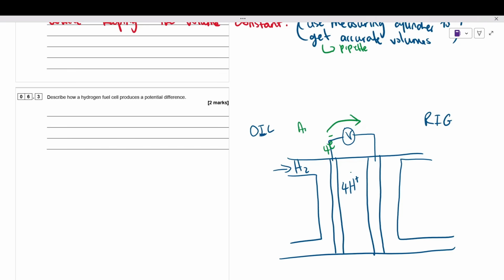So this is your anode, to your cathode, where you will have your oxygen, O2, being pumped in from the air, and that oxygen is going to be reacting with your H+, your electron, and then it's going to produce water, right? So that's the aim of this. So to answer this question, it's just mentioning that your hydrogen is oxidized.